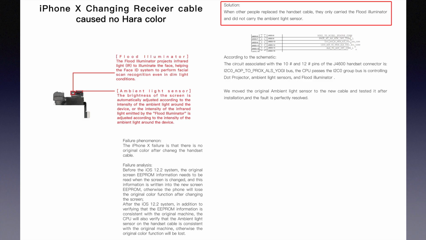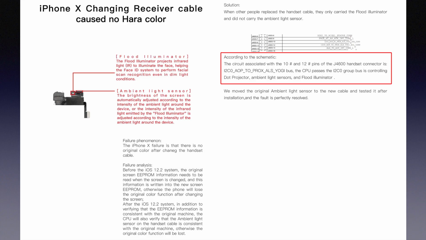For this, the cause is that when other people replaced the handset cable, they only carried over the flood illuminator and did not carry over the ambient light sensor. According to the drawing, the circuit associated with pin 10 and pin 12 of the J4600 handset connector is the I2C0 AOP to PROX ALS lines.